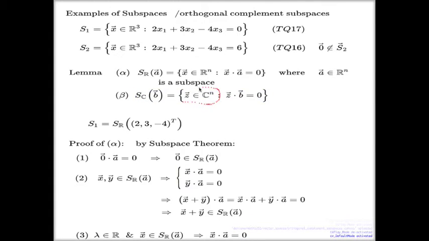N-tuples of complex numbers which are subject to this relation, where B is a chosen or fixed n-tuple of complex numbers. Every construction like this will be a subspace. The proof follows almost identically the same argument. If you like a challenge, or if you like training yourself, you can try to reconstruct the proof. It's not really a big deal. I will rely on this part as well if it comes to complex n-tuple subspaces.